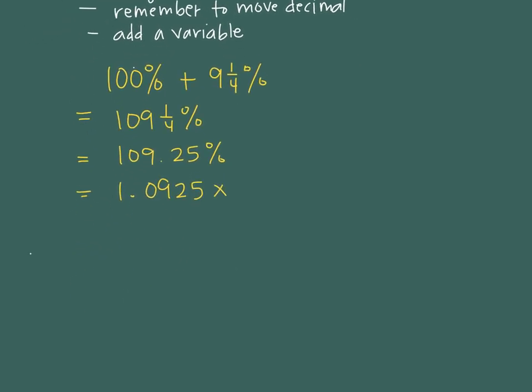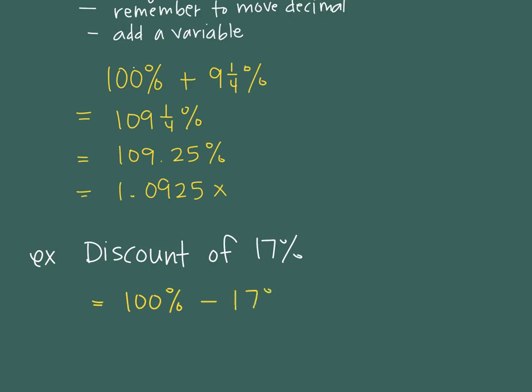All right, last one. A discount of 17%. So this isn't a tax now. This is something that's on sale. The rules still apply though. You always start with 100. So this would be 100%. Discount, so that's a subtraction, 17%.